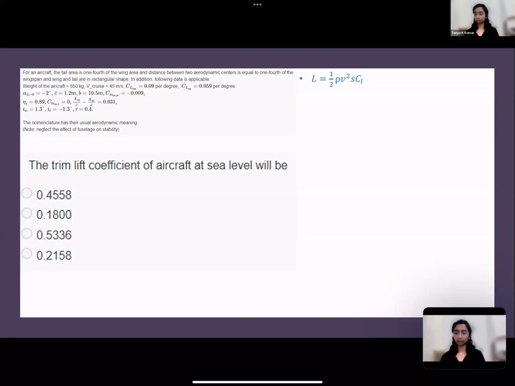At what conditions is it 1.225? Is the temperature given to you anywhere? 1.225 is at sea level, right? The question says sea level. We have taken this value almost in every question. You shouldn't be asking this question now, right? Density at sea level 1.225. All right. Okay. Now tell me what is CL trim.